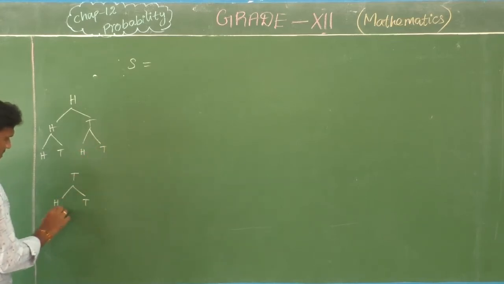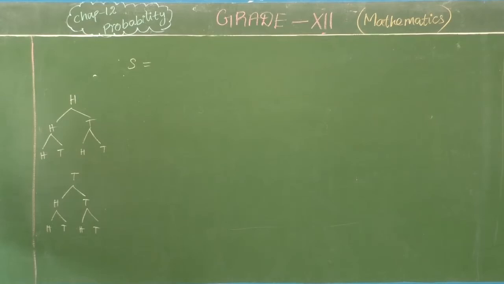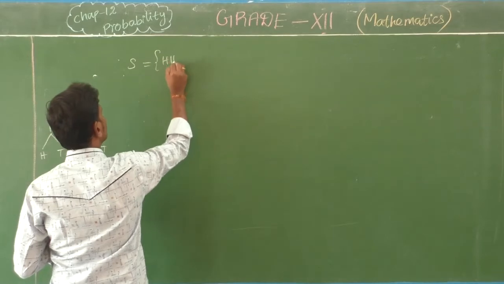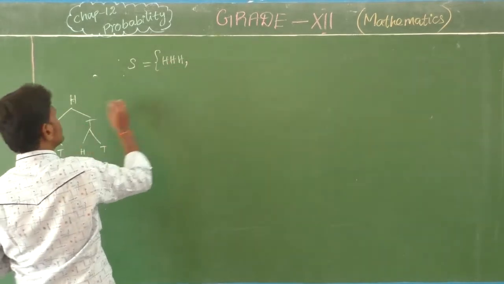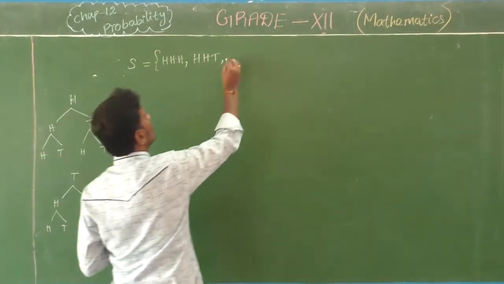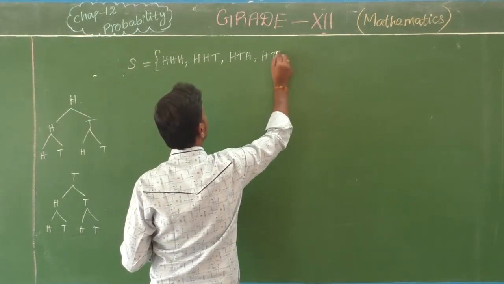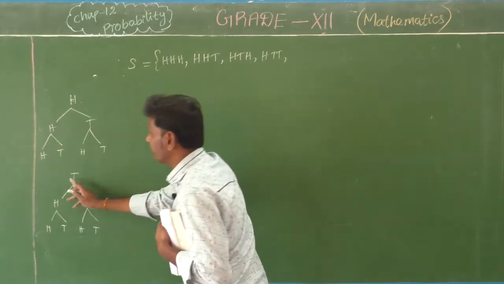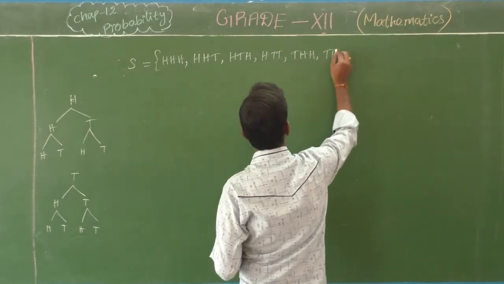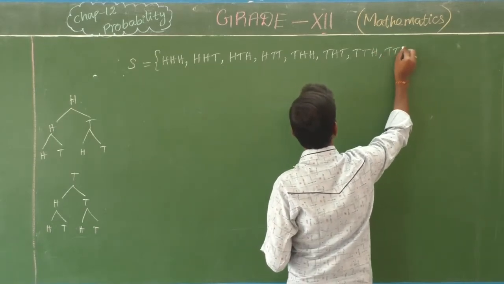Now the sample space will be HHH, HHT, HTH, HTT, THH, THT, TTH, finally TTT.